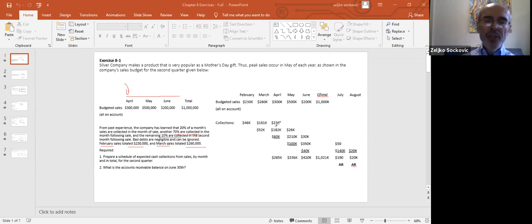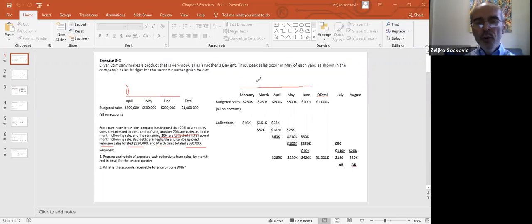How you set this up, again, is up to you. I have a little bit of constraints here, of course, with PowerPoint, but I think this is a pretty good way to set up the problem. So you line up all of your sales here, February, March, April, May, June, 230, 260.